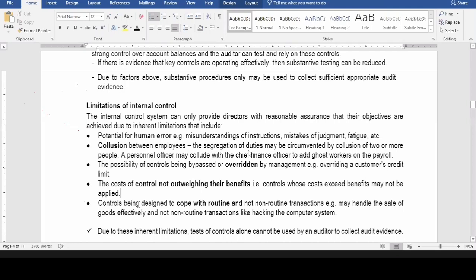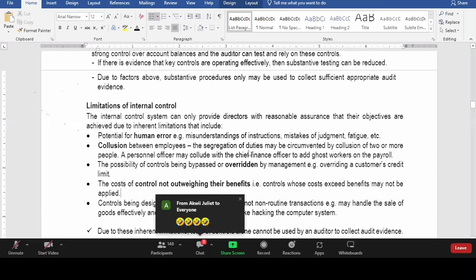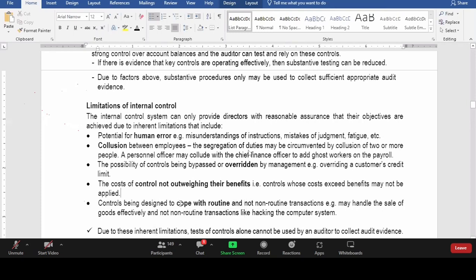5, controls being designed to cope with routine and non-routine transactions. So the controls basically handle routine and ignore non-routine transactions. They may handle the sale of goods effectively, but not non-routine transactions like hacking the computer system. So we focus on routine, like checking students coming to the exam.